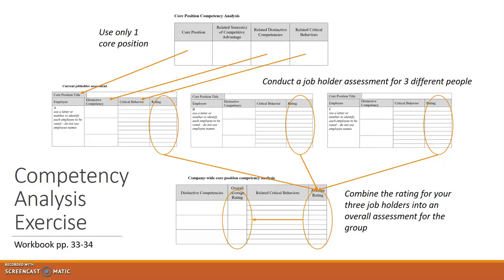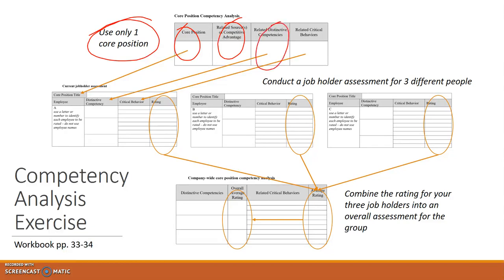So you identified your core positions. In this first table, you're just going to use one core position that we identified in your job design analysis. You're going to list that core position here. Then you are going to identify the related sources of competitive advantage that you previously identified in part 1 and in identifying your core positions at the beginning of this part 2 exercise.